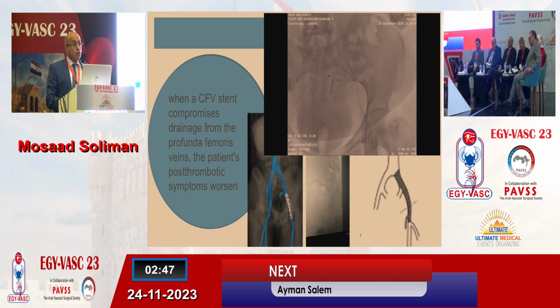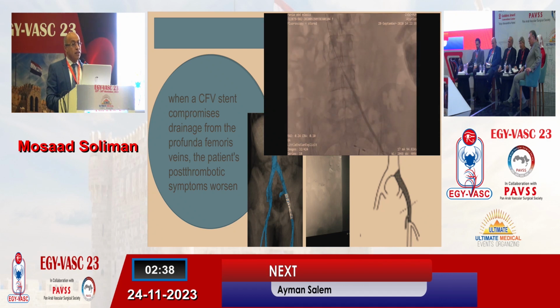We have to exert the highest effort toward crossing the common femoral vein by different kinds of CTO techniques and extending our process more proximally toward the IVC.